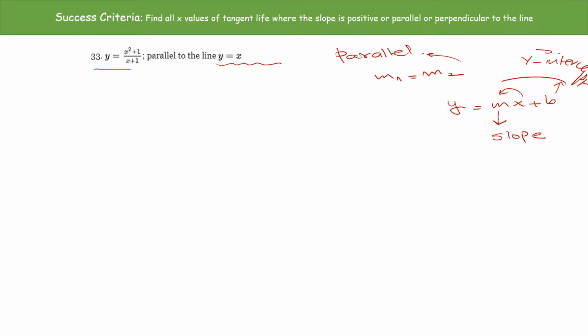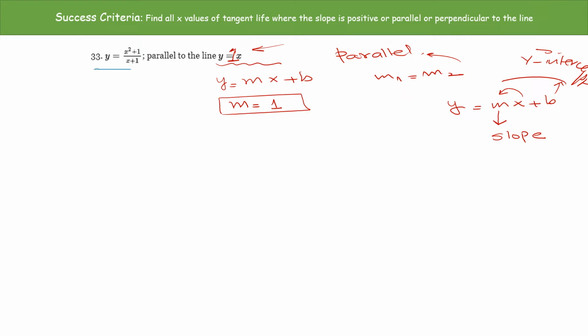Look at the equation y equals x. Here we have mx plus b. If we compare this equation with the general equation, we can clearly say that m equals 1 because there is no number written with the x, which means it is written as 1. So the slope is 1.